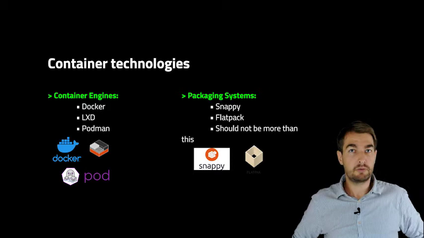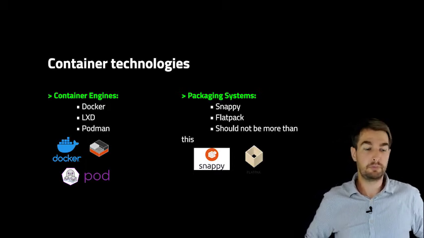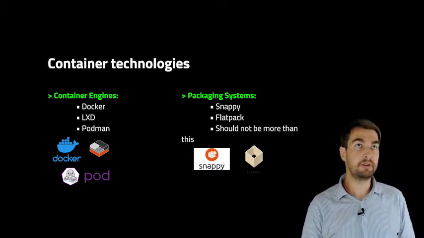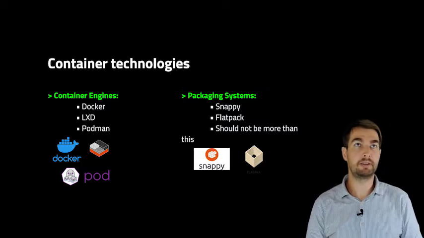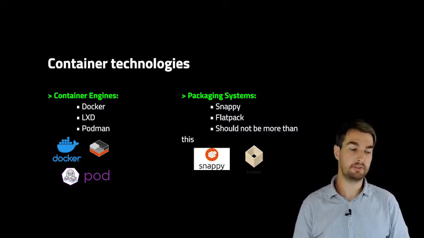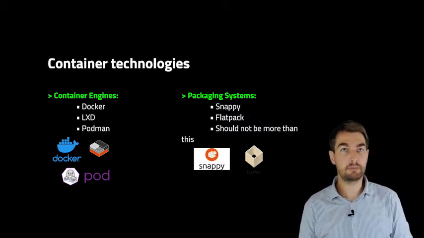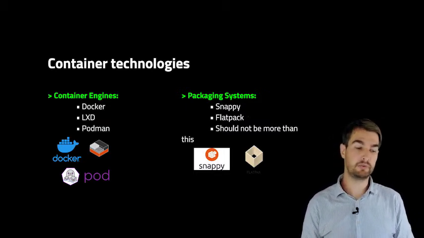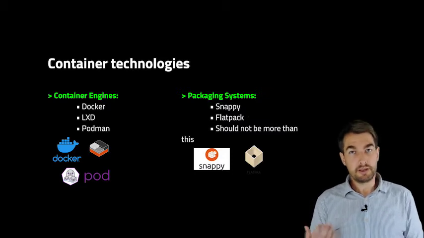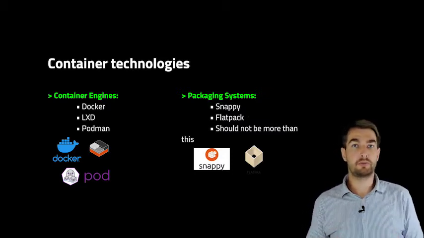If you are a desktop application developer, you maybe are more interested in packaging systems than in real container systems. So these packaging systems I list here, like Snappy and Flatpak, they also kind of use container technology to just pack software together.